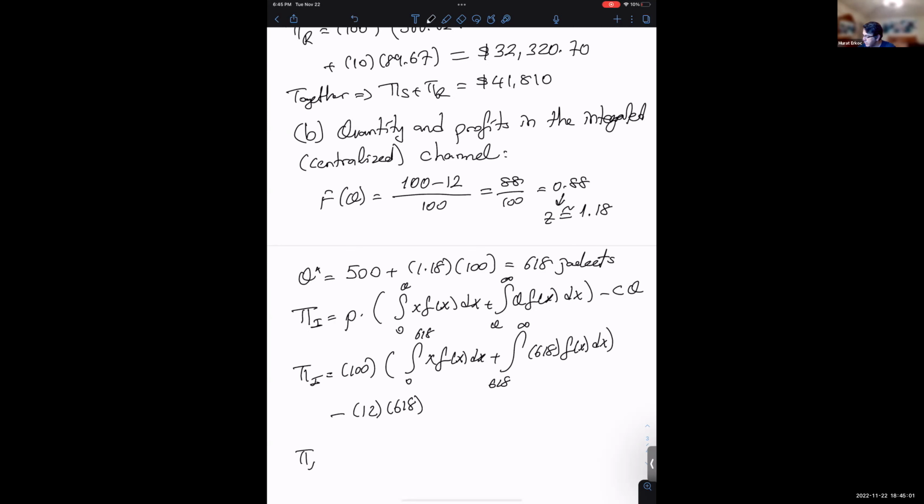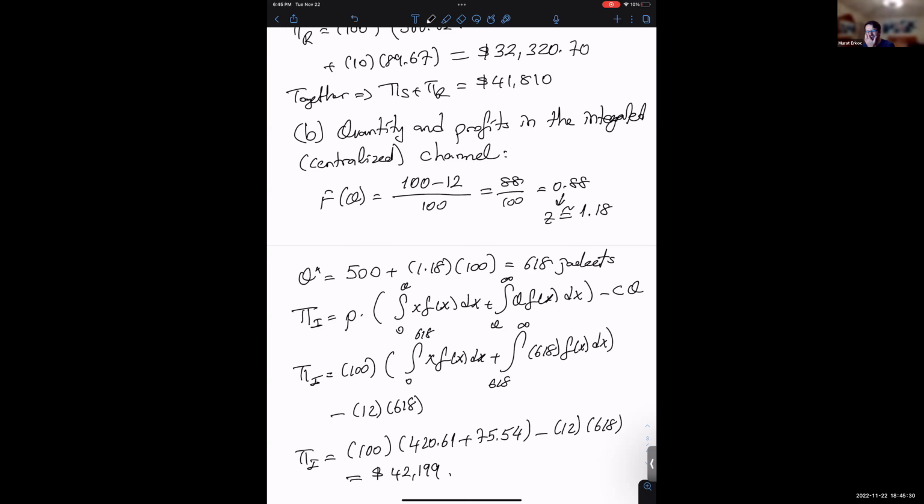If we again use the online calculators, we will get 100 times 420.61. That's the first integral. The second integral is 75.54, minus 12 times 618, and the total is $42,199.